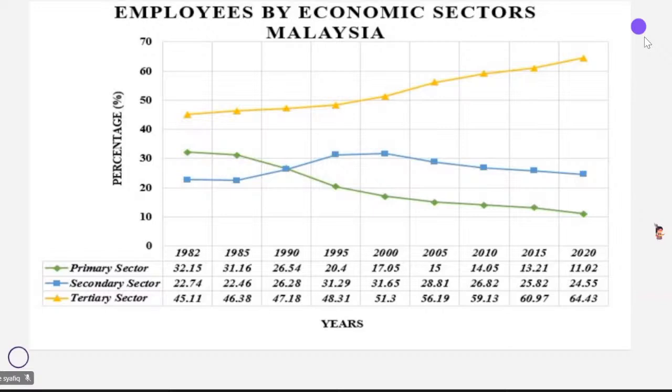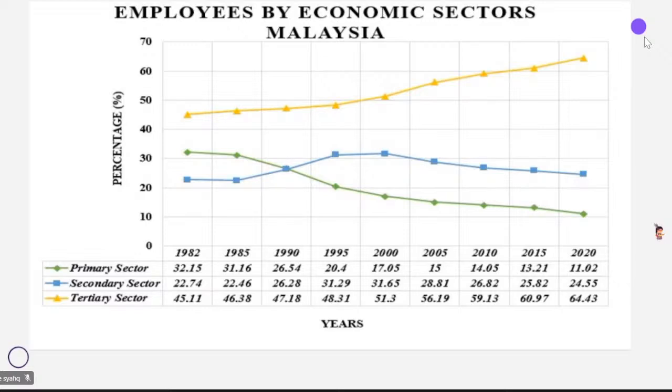So from this, our group is able to conclude that as the population increases, the number of employees who work in the secondary and tertiary sectors increases.